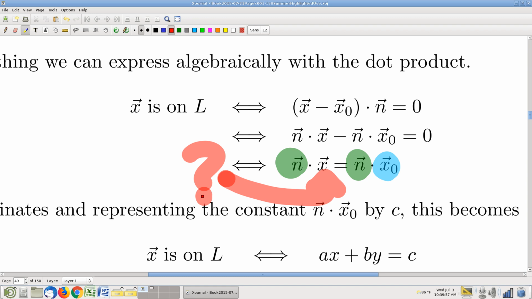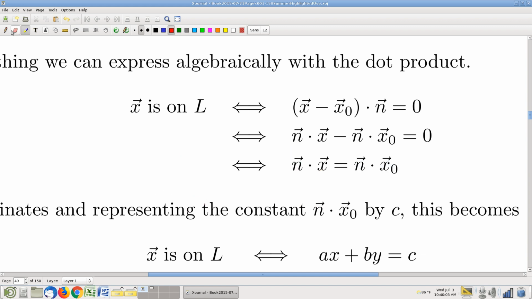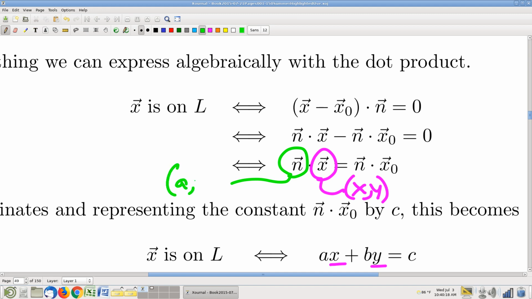Okay. So what does this have to do with ax plus by equals c? Well, if I were to choose to call these coordinates x and y, as of course I would, and if I were to choose to call the coordinates of n a comma b, then that dot product becomes ax plus by.